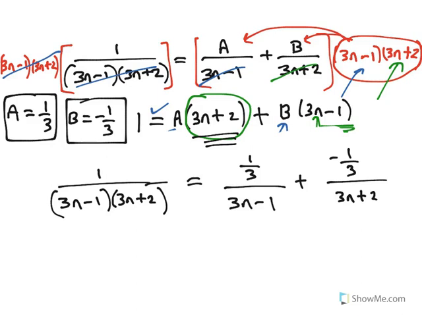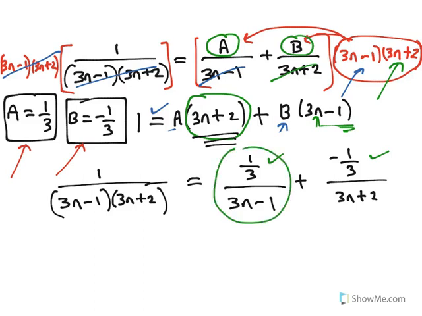So to complete our work, we're just going to take the values of a and b that we found, and we will substitute them for a and b in the form of the partial fraction decomposition as I have done here. And one thing that you can do is to simplify each of these partial fractions by dividing the numerator, which is 1/3 here, by 3n minus 1.